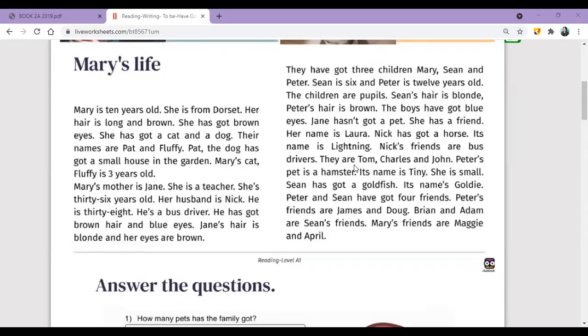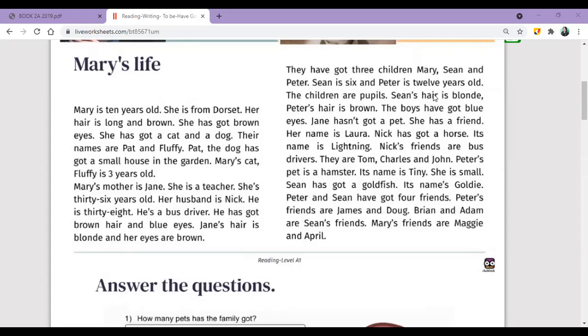Mary's cat, Fluffy, is 3 years old. Mary's mother is Jane. She is a teacher. She is 36 years old. Her husband is Nick. He is 38. He is a bus driver. He has got brown hair and blue eyes. Jane's hair is blonde and her eyes are blue.